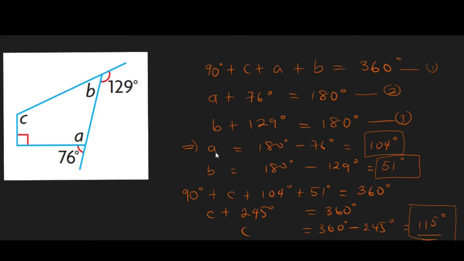So we'll first find A, which will simply be 180 degrees minus 76, that is 104 degrees, and then B will be 180 minus 129 degrees, which is 51 degrees. Then we will substitute those values into equation 1 in order to solve for angle C. That gives us 90 degrees plus C plus 104 degrees plus 51 degrees equals 360 degrees. Then we will solve for C, which will be 360 degrees minus 245 degrees, or 115 degrees.